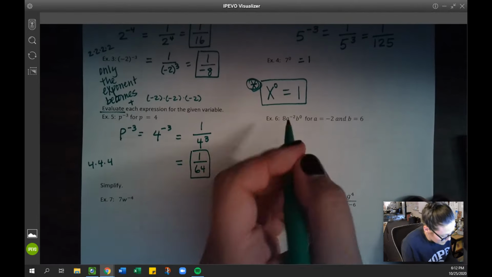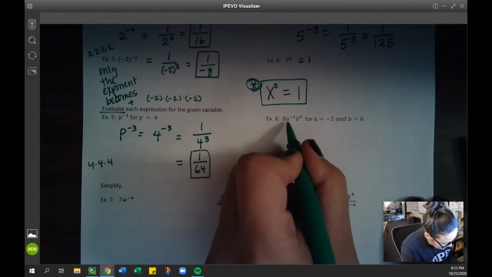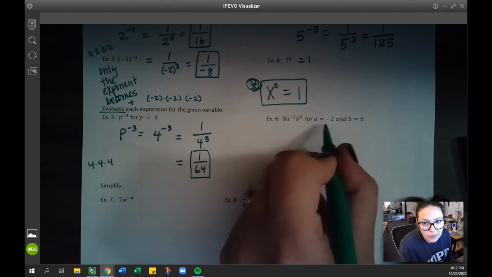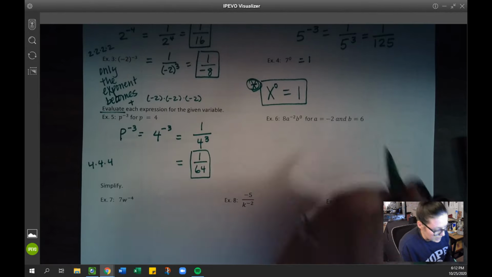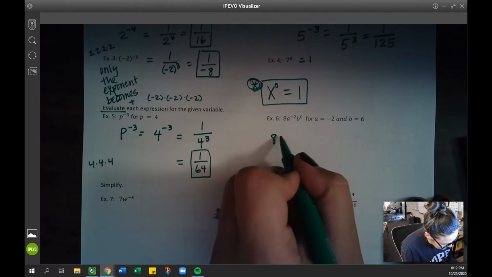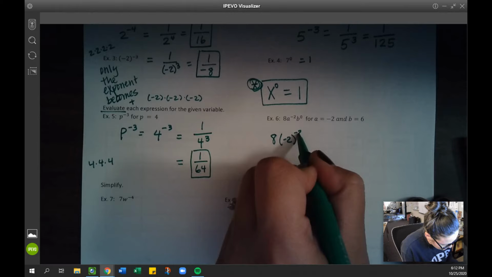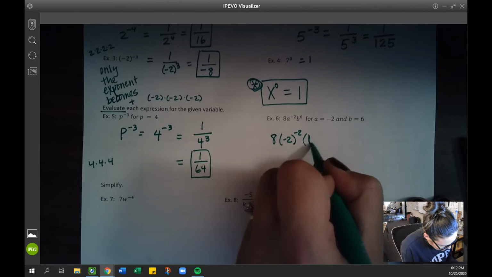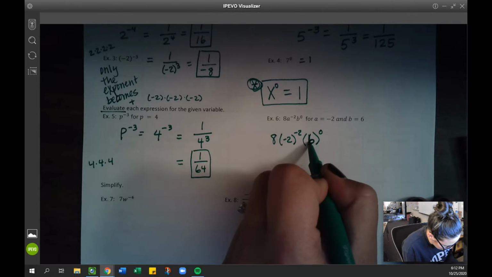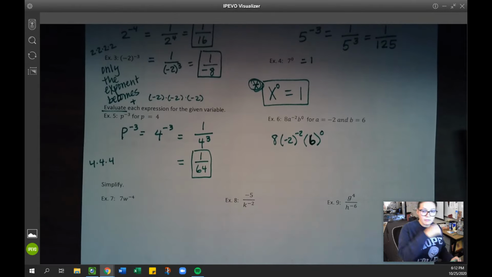All right, let's try example 6. 8, a to the negative 2, b to the 0. And we know that a is negative 2 and b is 6. So I'm going to replace a with negative 2 and b with 6. Now, this is really important. Not everything is going to flip.